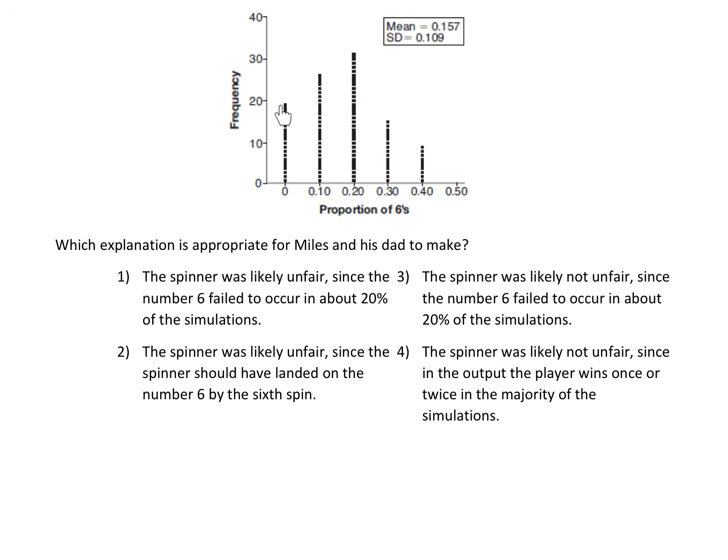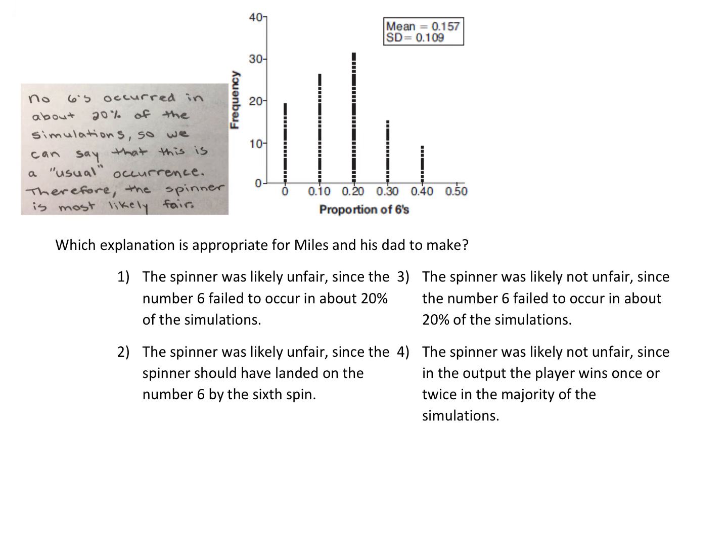It looks like it occurred a little bit under 20% of the time. So the spinner was likely unfair since the number 6 failed to occur in about 20% of the simulations. Well, that would make it most likely fair, not unfair, right? Because that would be an expected outcome. That would be something that we call usual.